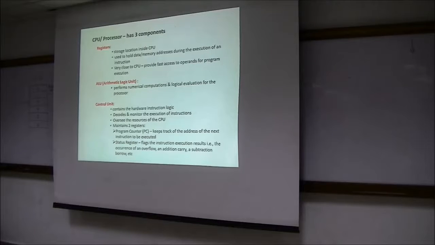Those don't require you to check the status register. Because if you load a value into a particular storage, there's not going to be an overflow, a carry or a borrow, because the task you're doing is just moving a value to another location. So for those kinds of instructions, the status register is not checked.